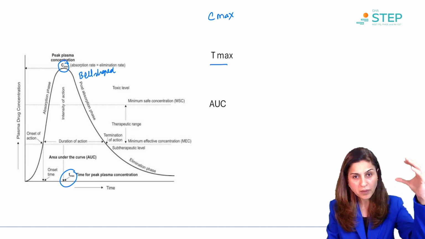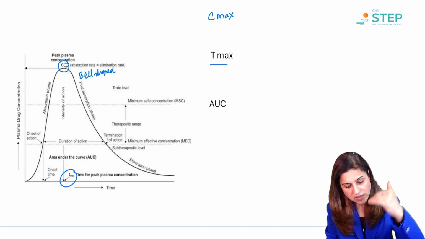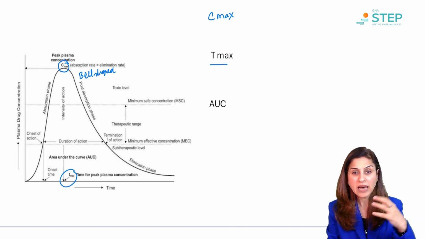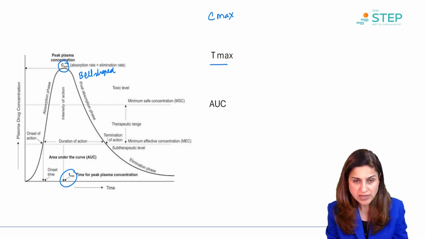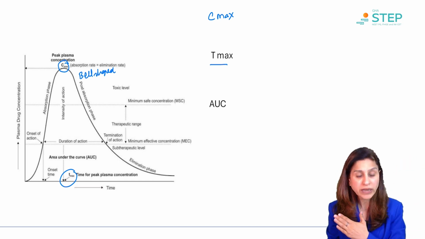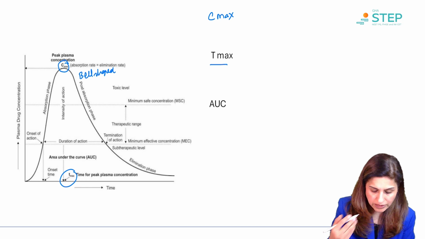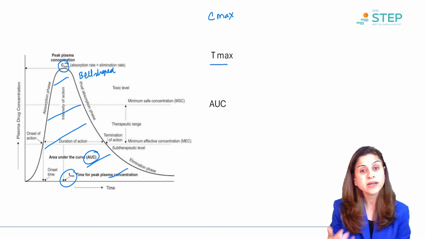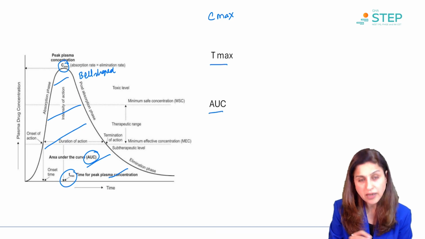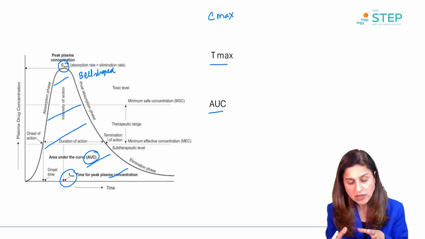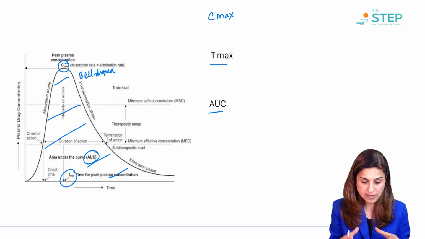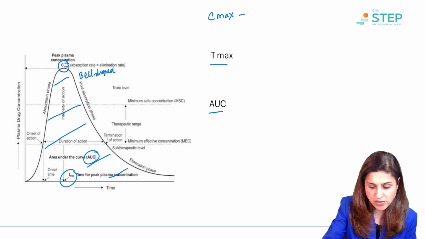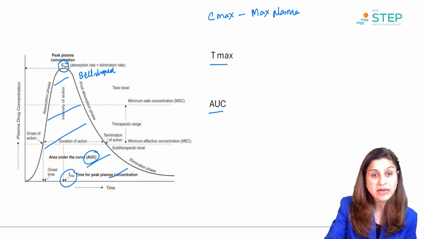After the peak has been achieved, there is distribution and elimination, so the graph goes down. The whole area which this curve covers is called the area under the curve. Now, what is the significance of these parameters? Cmax just tells you the maximum plasma concentration that the drug has achieved.